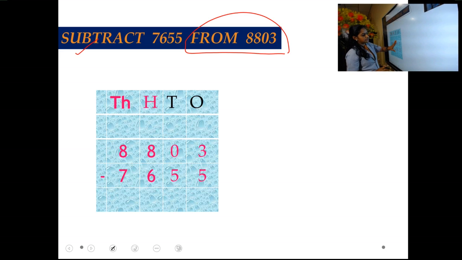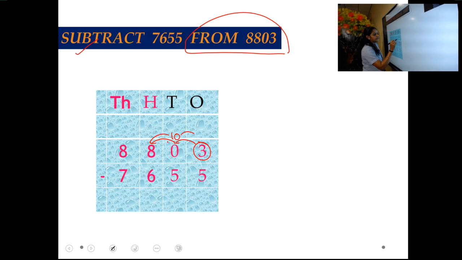Okay. So ones place numbers 3 and 5. Just look at the top number, that is smaller. So you have to borrow from here. When we look at this number, that is 0, we can't borrow from 0. Nothing is there. So you move to the next place. There is no number here. Then move to here. Here is the number, we can borrow from here. 8 gives 10.